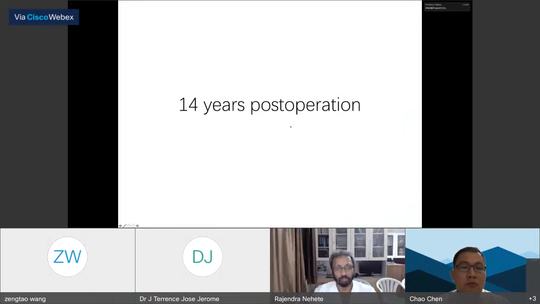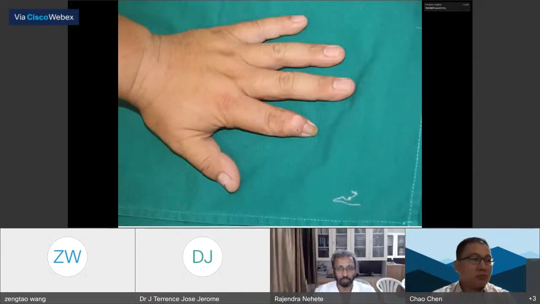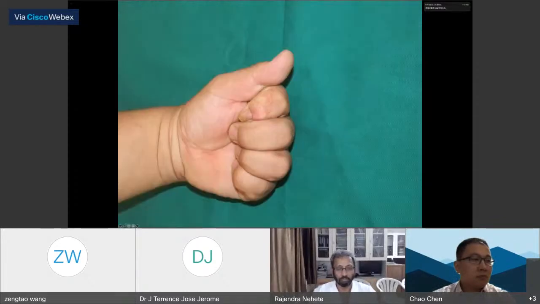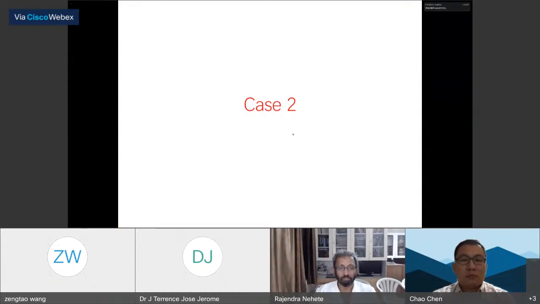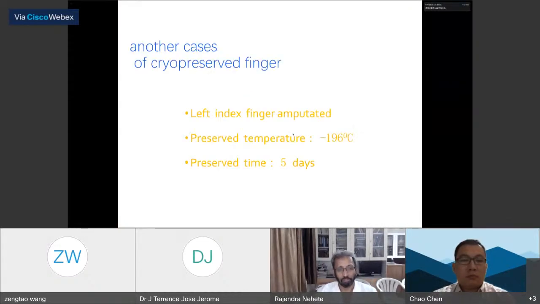This is the first case, the case of 14 years post-operation. The second case.